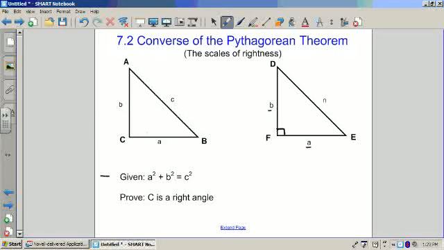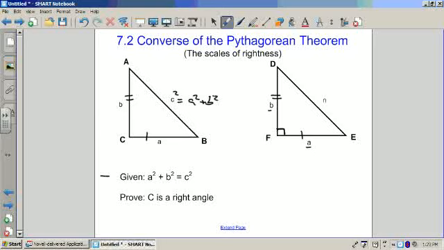What I do know, though, is that side CB must be congruent to side FE because they both have side length A. I also know that side AC must be congruent to DF because they both have side length B. I know that in the left-hand triangle, c squared is equal to a squared plus b squared because that was given to me.